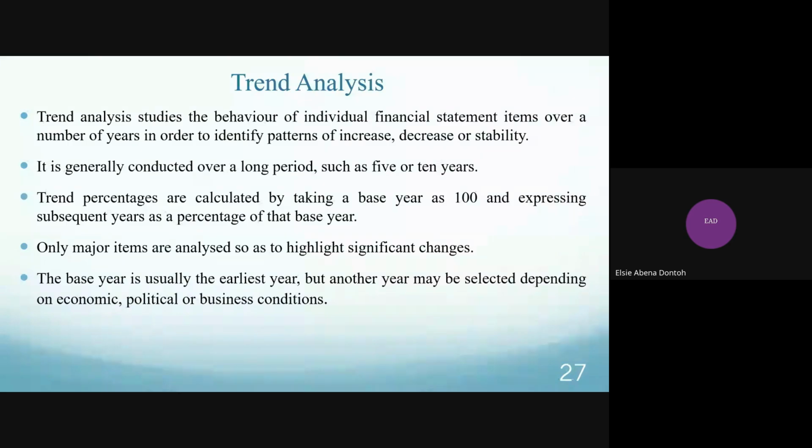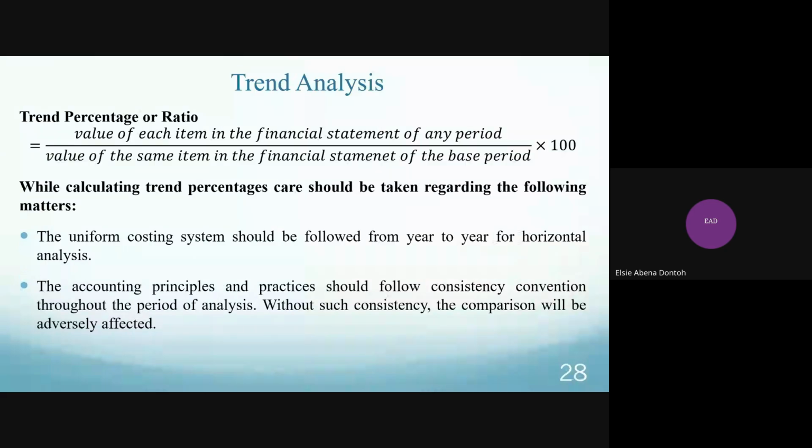Trend analysis is calculated taking a base year as 100 and expressing subsequent years as a percentage of the base year. We look at only the major items to highlight significant changes. Mostly the base year is usually the earliest year, but another year may be selected depending on economic, political, or business condition.